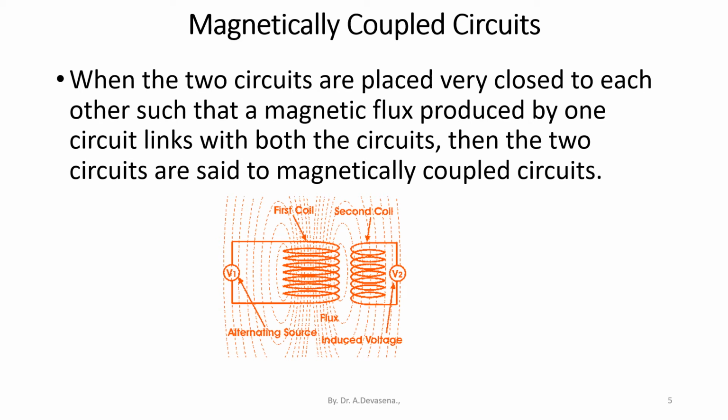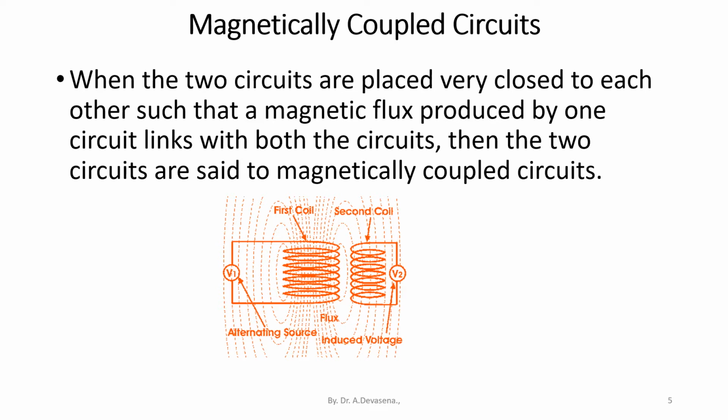Here we have two coils. Each coil has a voltage. Now an alternating source is applied to coil 1. Because of the alternating source, current flows in the first coil, that is, a flux is generated.